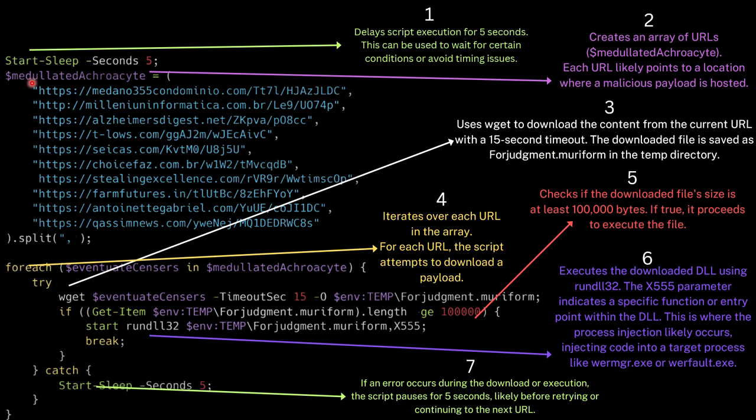After that, this variable that you see here is trying to create an array of these URLs. Each of these URLs were either newly registered domains by the attackers before they planned the campaign. This was a global campaign targeting 16 plus industries, and there are a lot of publicly available research articles that covered this campaign very well.